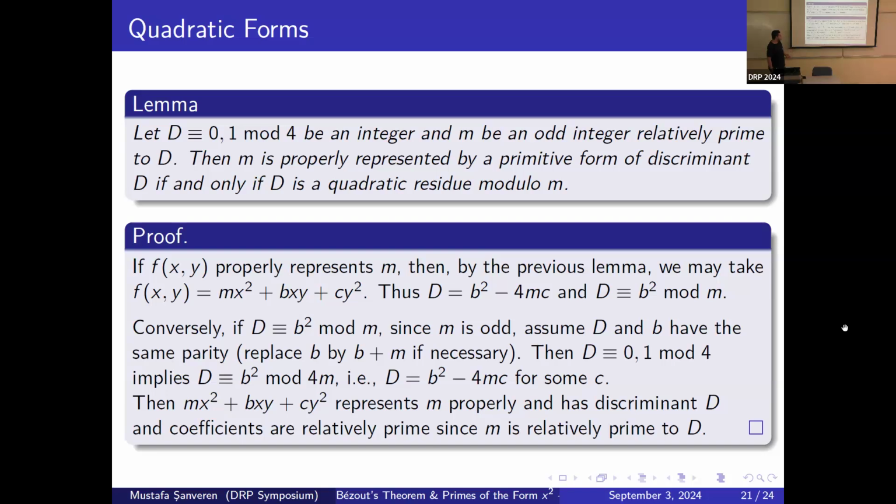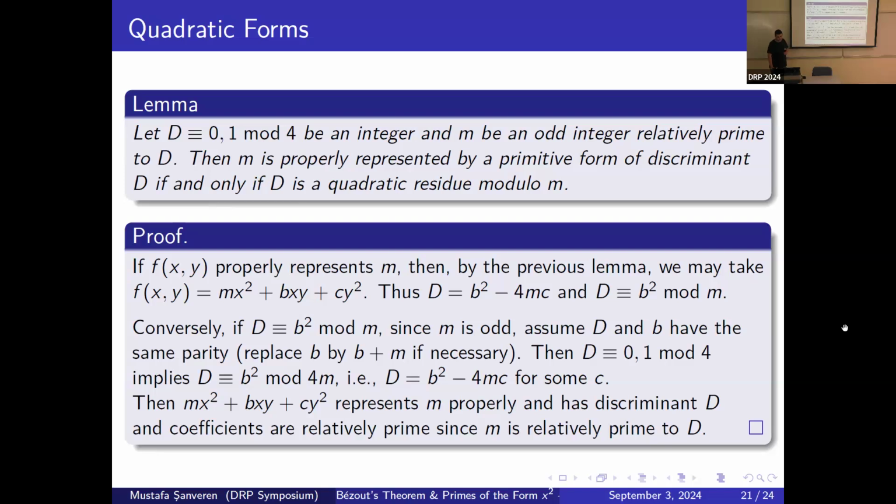And conversely, if d is equal to b squared under modulo m, since m is odd, let's assume that d and b have the same parity, then d is equal to 0 or 1 under mod 4. That implies that d is equivalent to b squared mod 4m.